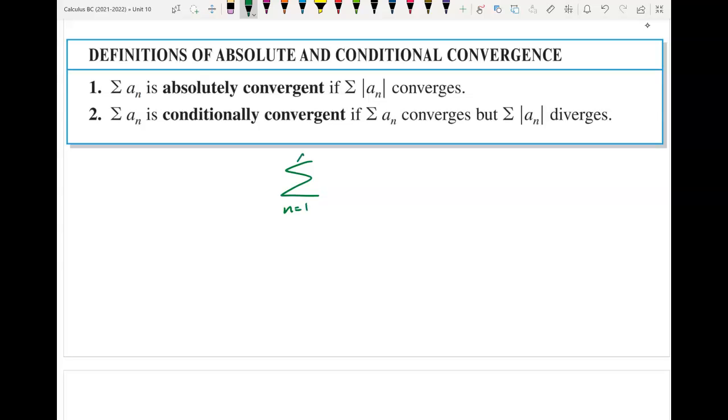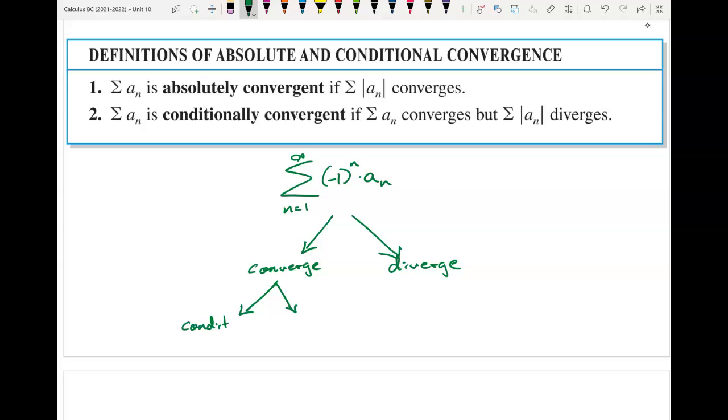So if we have an alternating series, so it has that alternating component on it, that is either going to converge or diverge, based on the alternating series test. But then, if it converges, we can go further and ask, is it conditional or is it absolute?